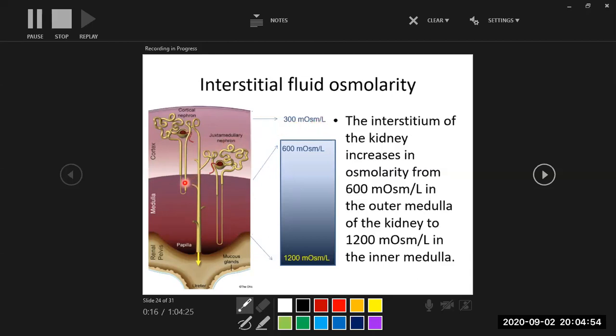Then the medulla changes from 300 up to about 1200. In the descending limb, because it is water permeable, the solution here will have the same concentration as the solution out here. So all of this will have 1200 milliosmolarity.